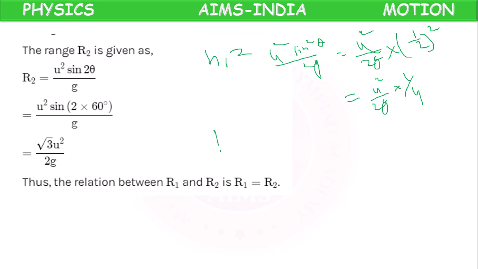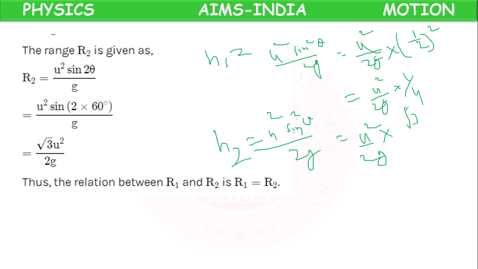This is the h1 value. In the same way, h2 equals u square sine square theta by 2g, so u square by 2g into sine square 60 degrees. Sine 60 degrees is root 3 by 2, root 3 by 2 whole square, which is u square by 2g into 3 by 4.